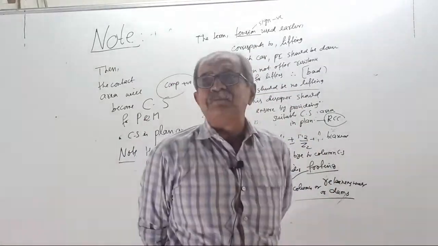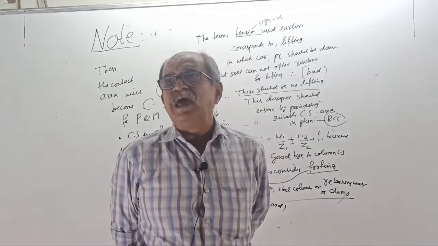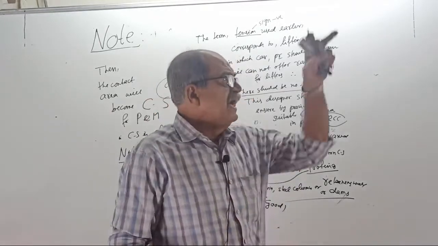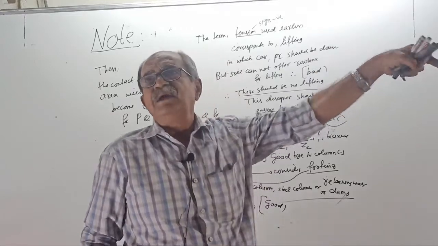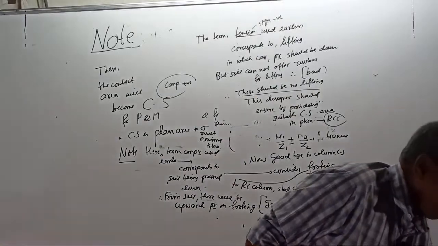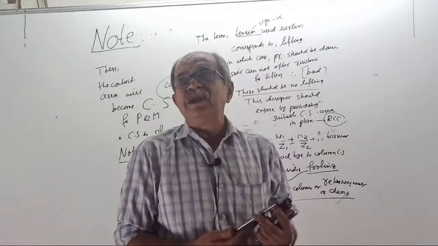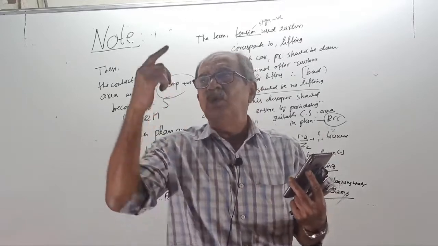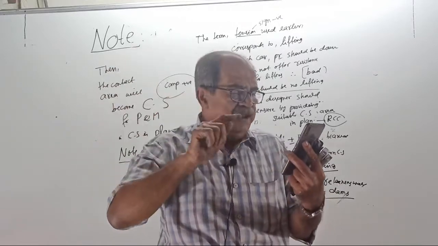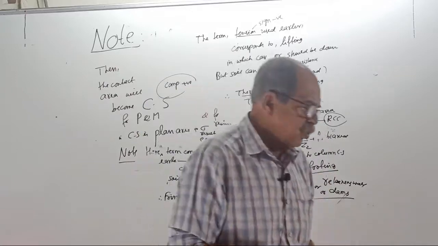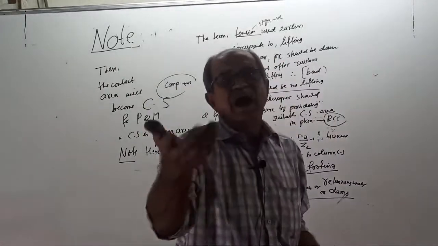The maximum pressure, where full compression comes, should not exceed the SBC of the soil, and on the other side lifting is to be avoided. Remember or not? You can go to my RCC class available on YouTube and study. Those who are outside and want to, they can study. For you, it is already over.